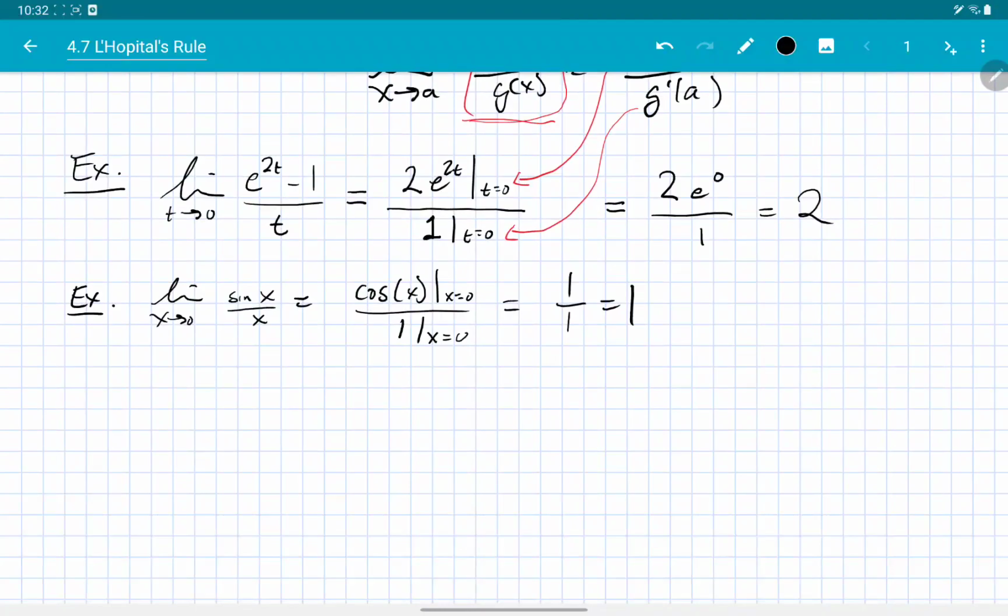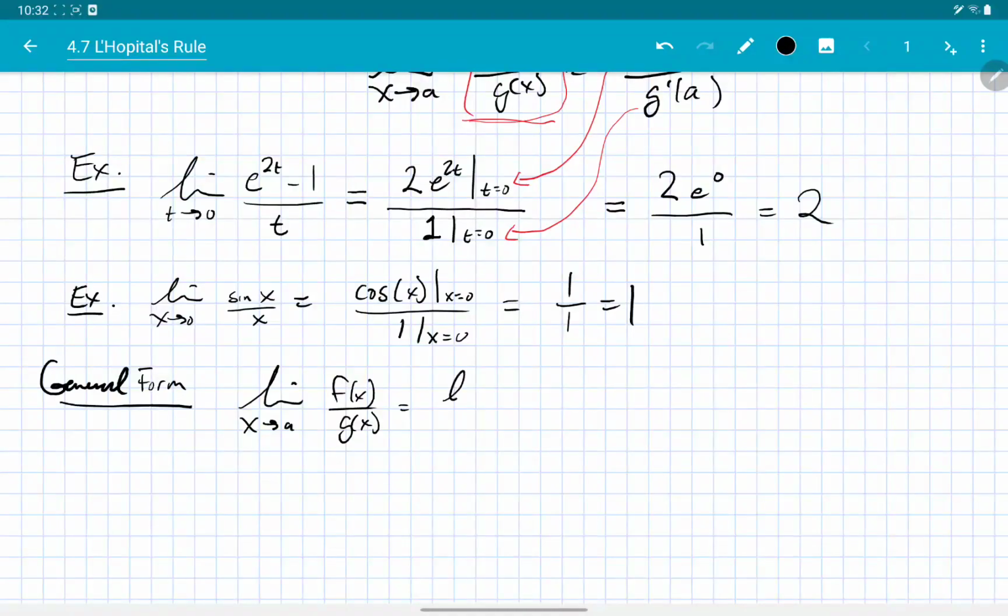One thing to note, there's a more general form of L'Hopital's rule with the same assumptions that says the limit as x goes to a of f of x over g of x is equal to the limit as x goes to a of f prime of x divided by g prime of x.